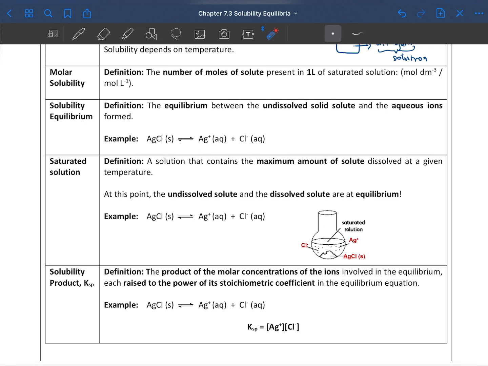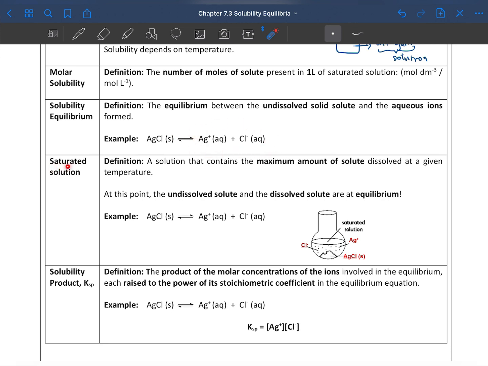So, dia dissolve slightly in water. So, dia akan dissociate to form Ag+ ion aqueous and Cl- ion aqueous. So, equilibrium tu tercapai apabila ada Ag+ ion, Cl- ion dan ada juga AgCl solid in equilibrium. So equilibrium itu solubility equilibrium lah, equilibrium antara undissolved solute ini, and then aqueous ion form ini.